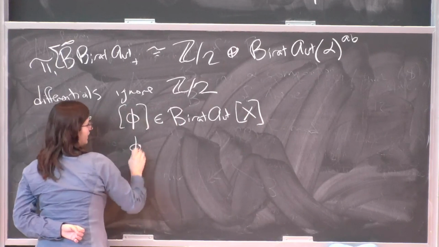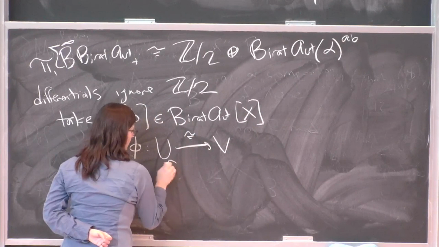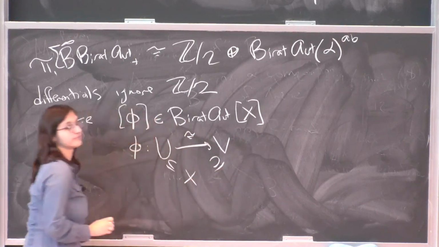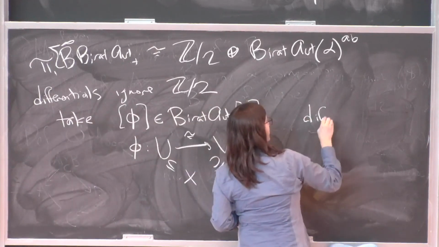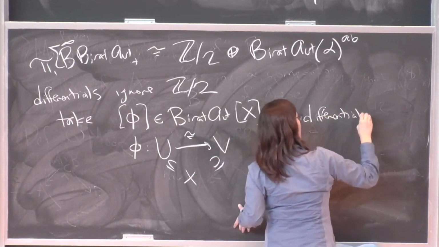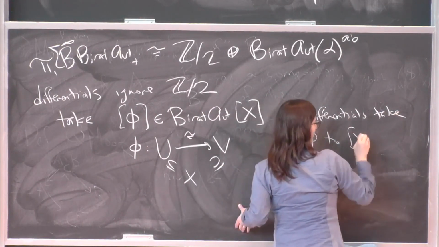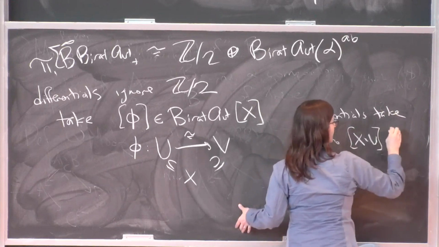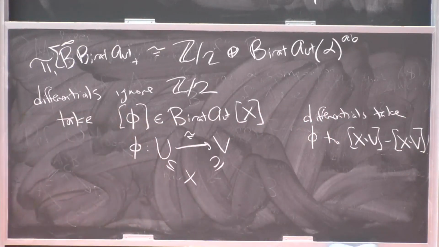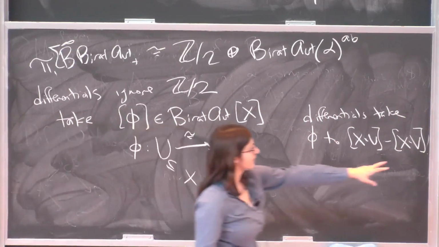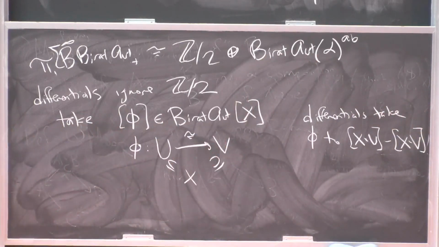So we can think of phi as an isomorphism from U to V, where these are both open subsets of X. Then the differentials take phi to the complement of U in X minus the complement of V in X. It's doing exactly this thing that was over here, where I said, okay, what is the thing that can go wrong?